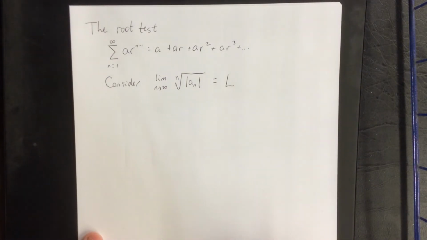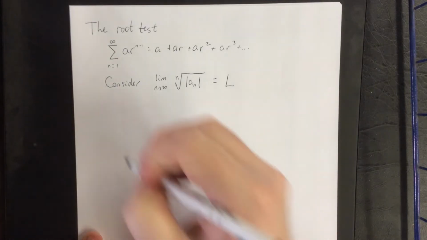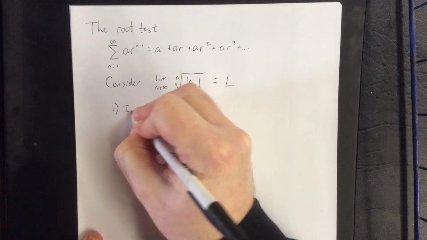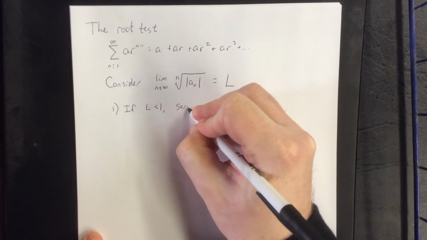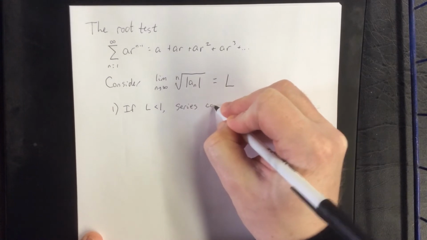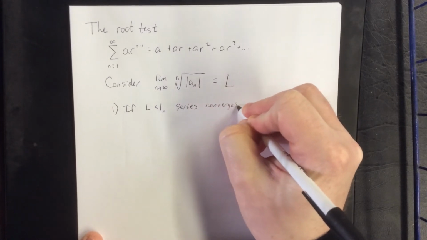We are allowed to draw the exact same conclusions about this as we are regarding the ratio test. So if L is less than 1, the series converges absolutely.